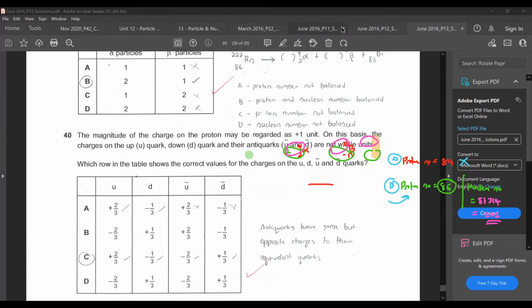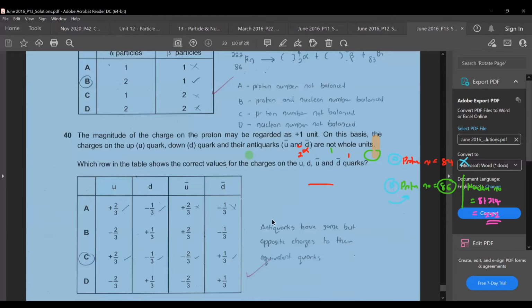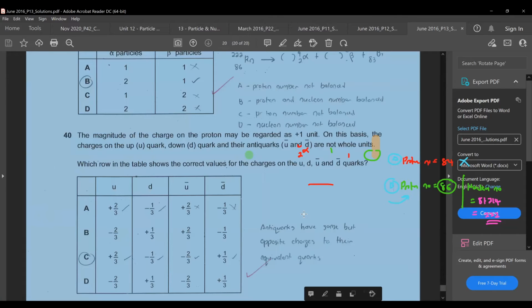Okay, remember one of the first things I mentioned to you just now is that antimatter or antiparticles would always have opposite charges to the equivalent matter. Here I wrote antiquarks have same but opposite charges to their equivalent quarks.